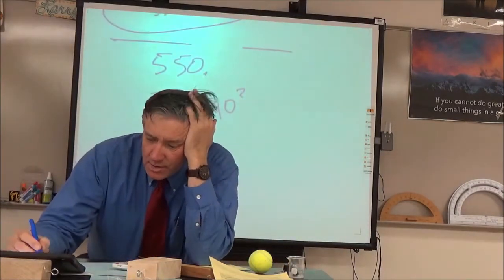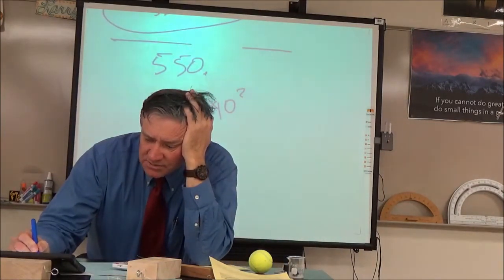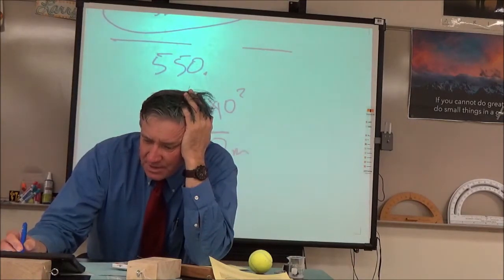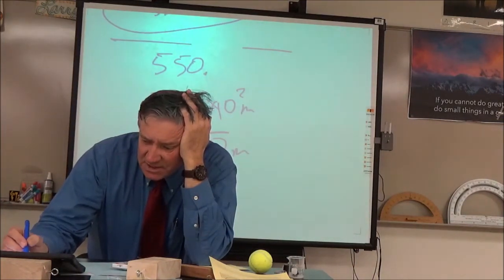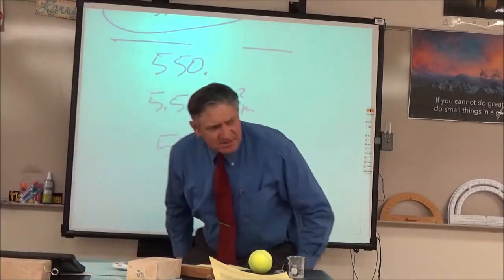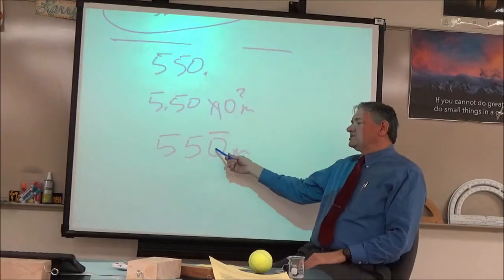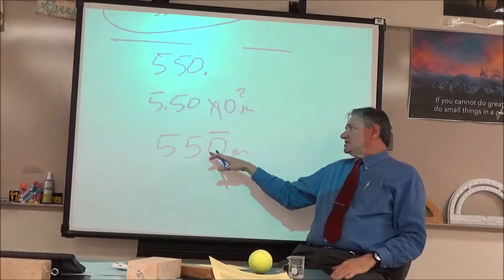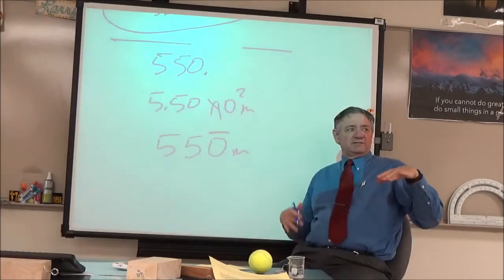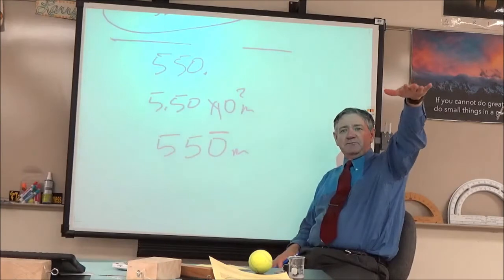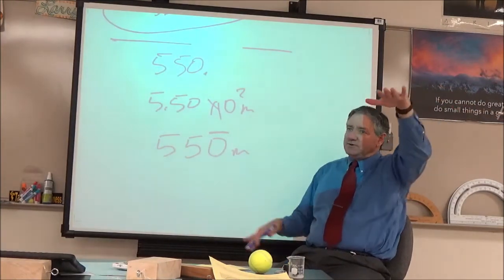Or sometimes in the old style, you'd see it where you put a line over the top of it. So if you see a 0 with a line over the top of it, and some textbooks will still use this style, this shows that it's significant. So here's the best analogy. This is like a freshman, but he's like your little brother, and you put your hand over the top of him and go, yes, he's a freshman, but he's cool.